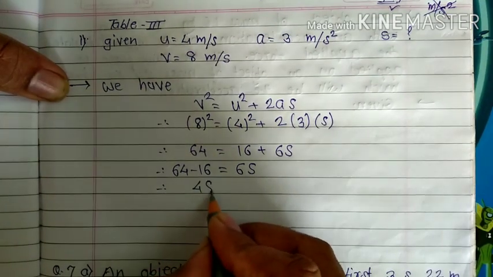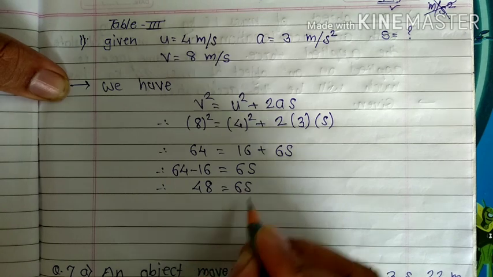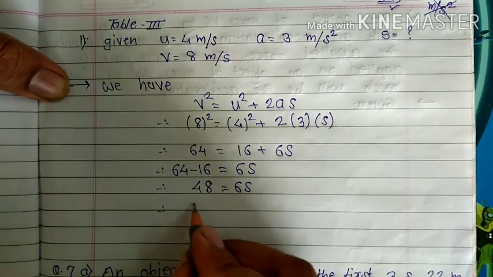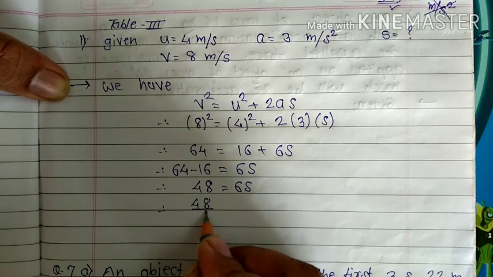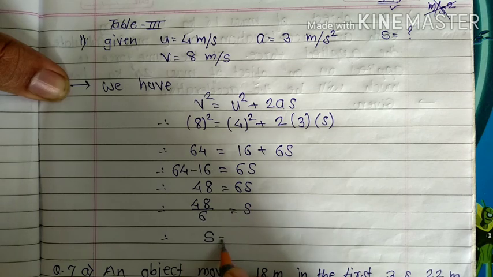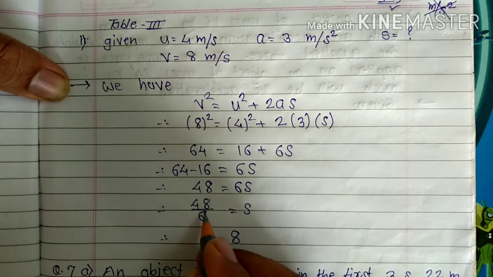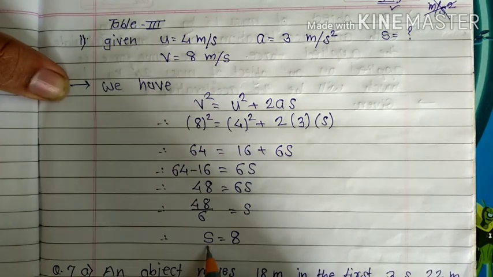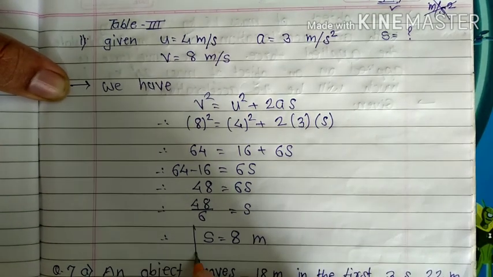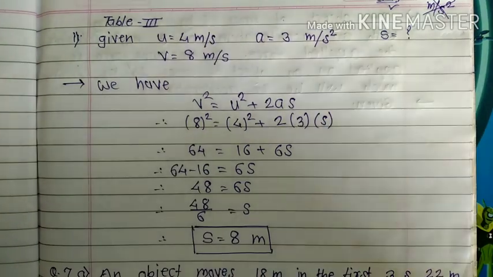Therefore 48 is equal to 6s. 6 is multiplied, so becomes divide. Therefore 48 upon 6 is equal to s. Therefore s is equal to 8, 6 8s are 48. s is the displacement and unit of the displacement is meter. So the final answer is s is equal to 8 meter.